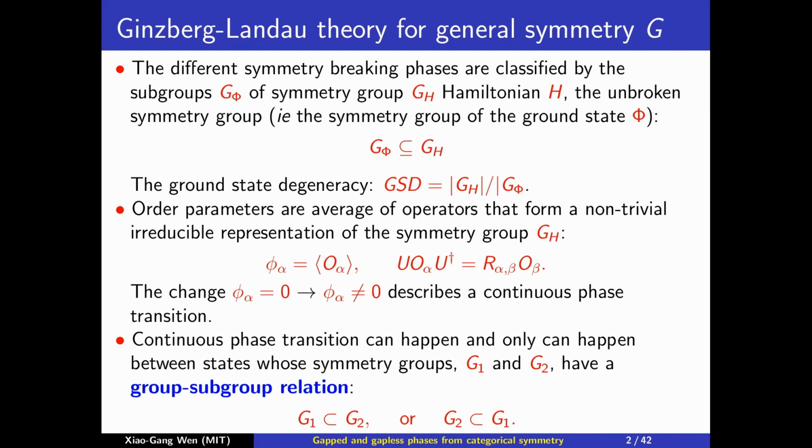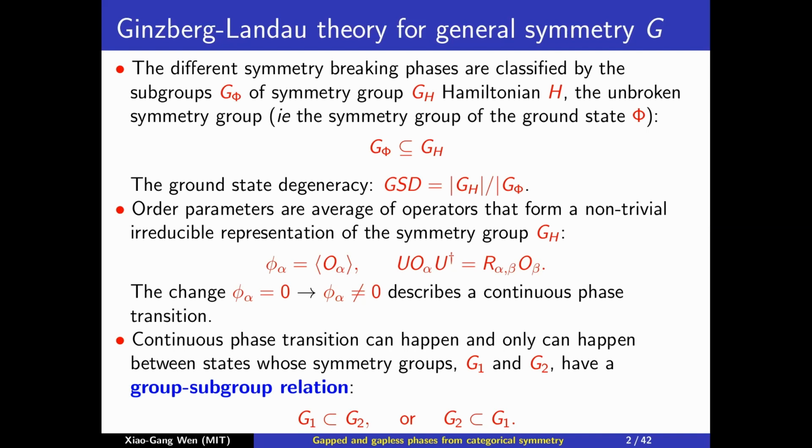When you have a group-subgroup structure, we think the continuous transition is allowed. But at least for me, there was an impression that this continuous transition is generic, a so-called stable continuous transition with only one relevant operator. But actually, in general, this is not true.